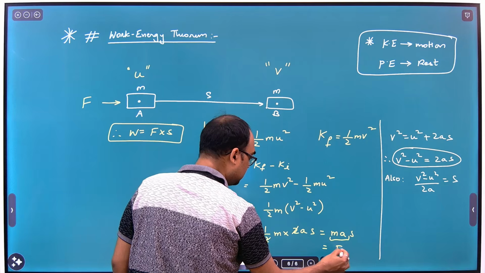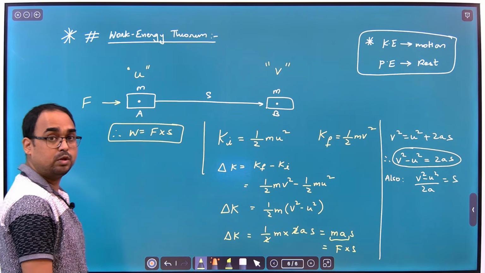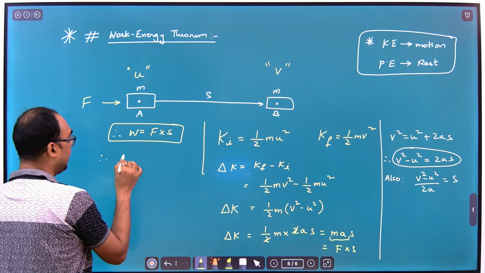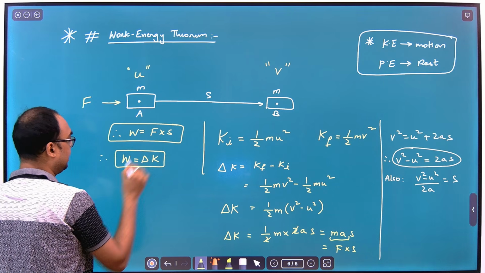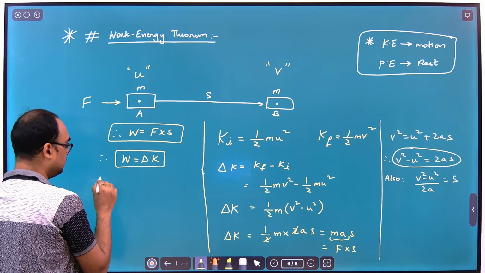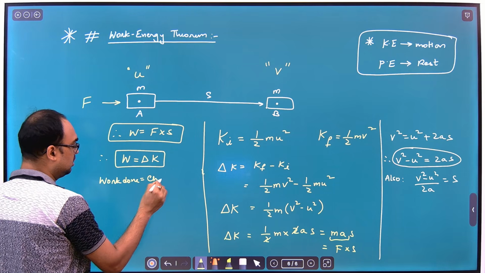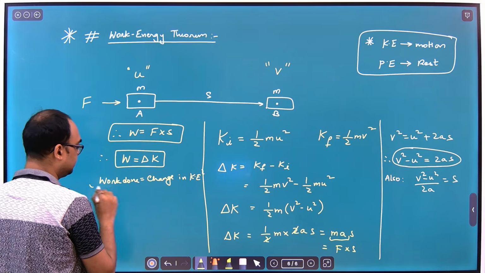It's force, and s was displacement, which is equal to work done. So therefore you can say that work done is equal to change in kinetic energy. That is the work energy theorem. Work done is equal to change in kinetic energy.